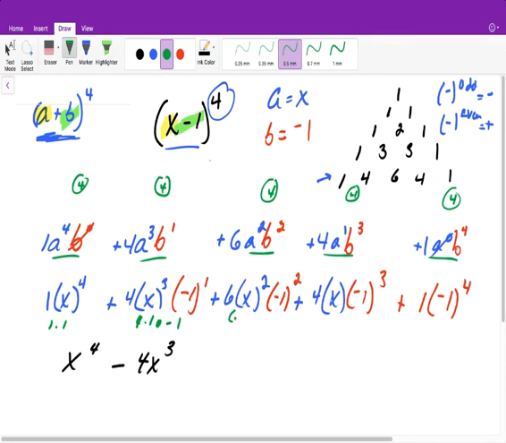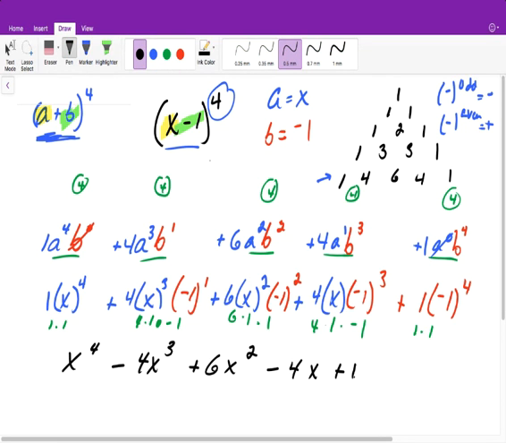Here we're left with 6 times 1 times +1, because a negative number to an even power, and 2 is even, is a positive number, so that gives me plus 6x squared. Here we have 4 times 1 times -1, because it's an odd power, so that gives me minus 4x. And then here we have an even power, so it's 1 times 1, so that will then be plus 1.